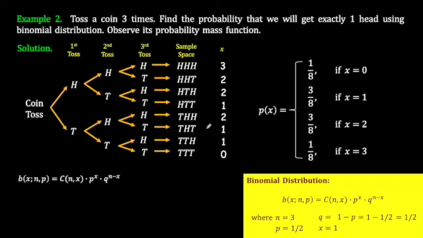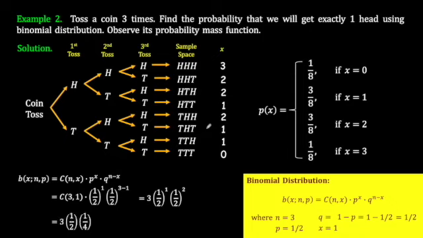Let's say ang focus lang natin is makakuha tayo ng 1 head. Ano ang probability niya? By binomial distribution, simply substitute these values. We have 3 taken 1 at a time times 1/2 times 1/2 raised to 3 minus 1. Simplify and makakuha tayo ng 3 times 1/2 times 1/4. And the final answer is 3/8.